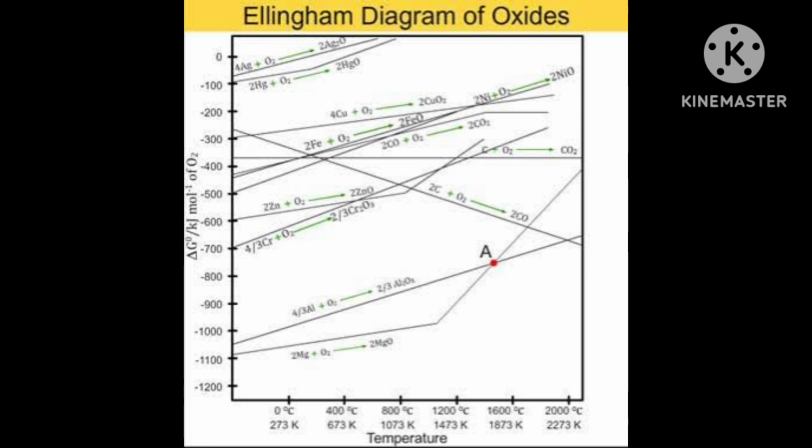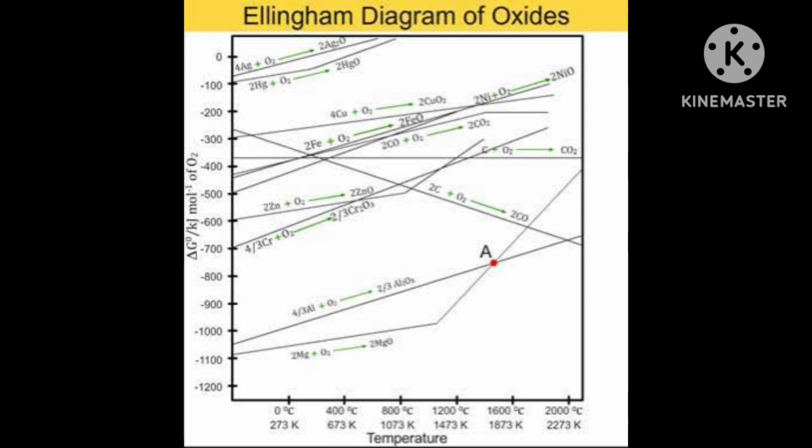The temperature at which such change occurs is indicated by an increase in the slope on the positive side. The temperature at which such change occurs means phase change.